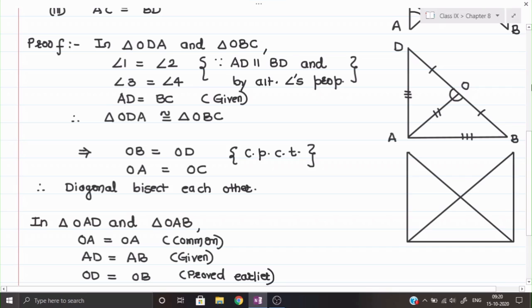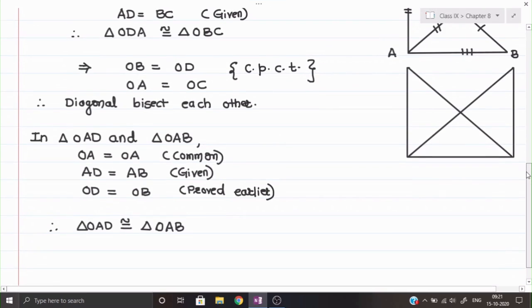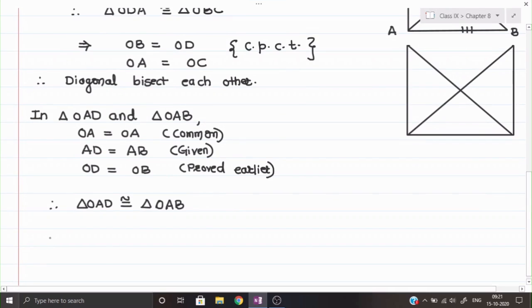Okay, so we can say that these two angles will be corresponding and hence they will be congruent. So we can say that therefore angle AOD is equal to angle AOB. We can give the reason over here: by CPCT. Okay. Now this one I can call equation number 1.